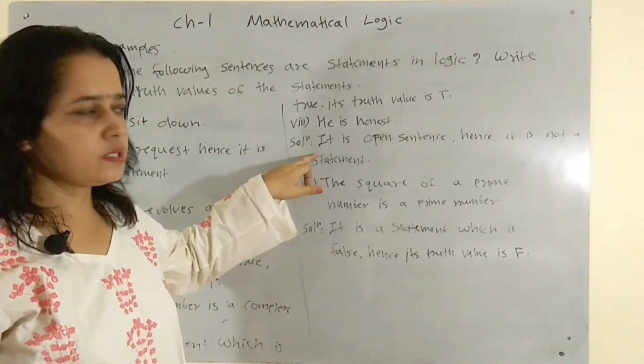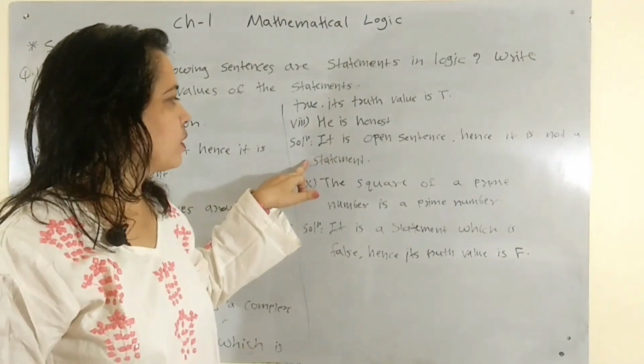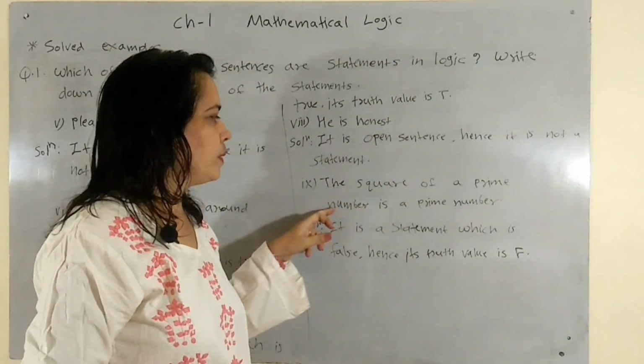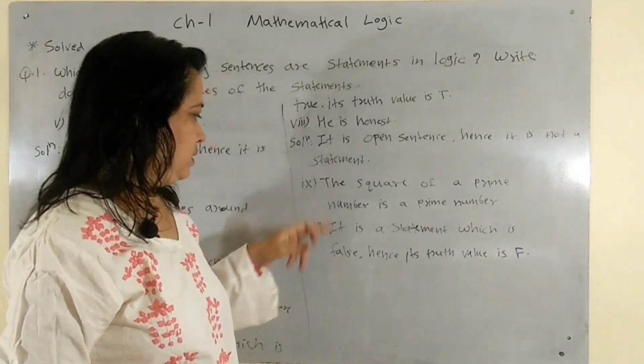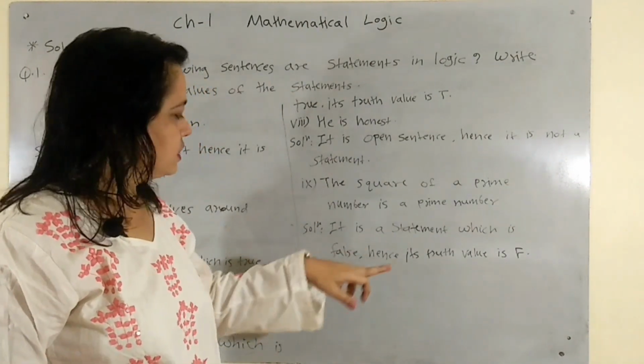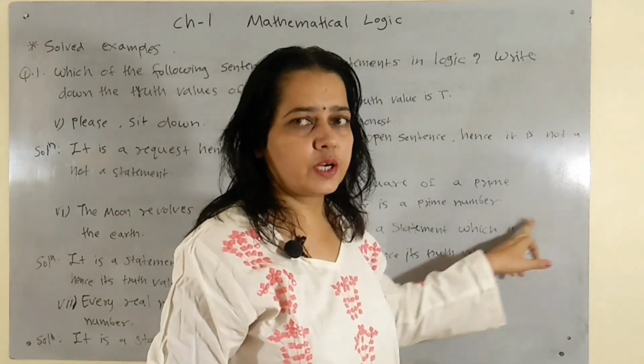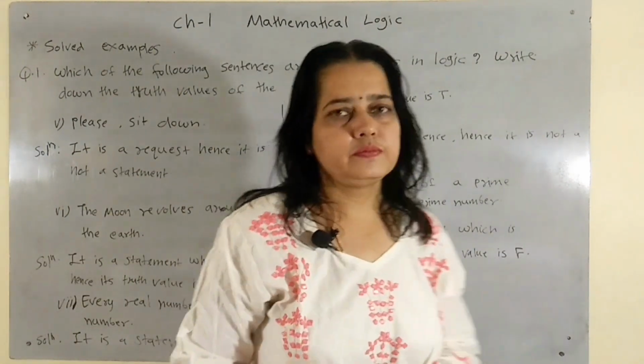It is an open sentence, and an open sentence is not a statement. Next example, the square of a prime number is a prime number. It is a statement which is false, hence its truth value is F.